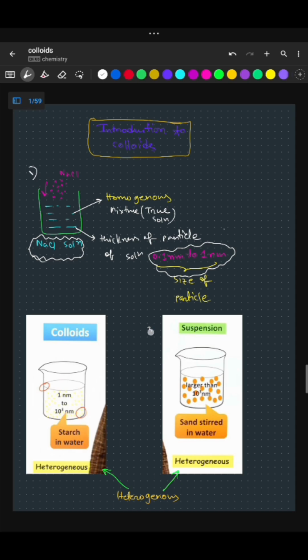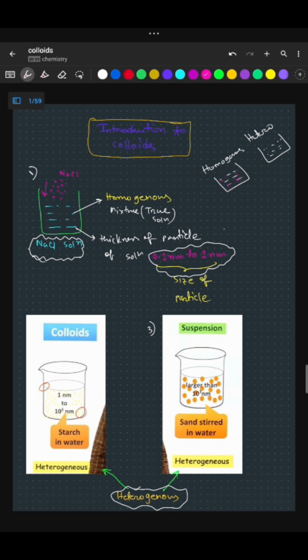We've got suspension, which is a heterogeneous solution. The difference between homogeneous and heterogeneous is that in a homogeneous solution, if we consider this to be the solvent, which we generally consider water, the particle would be uniformly spread.